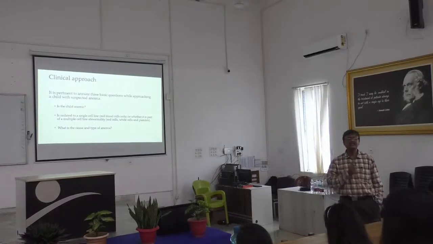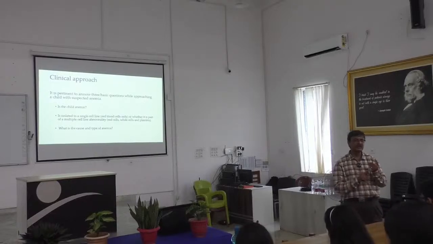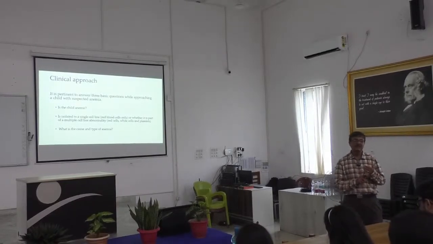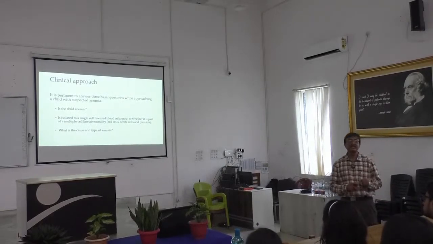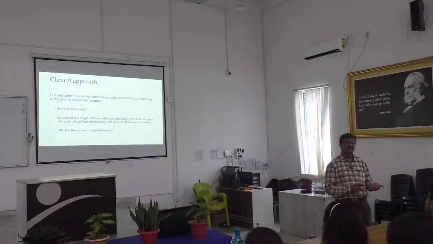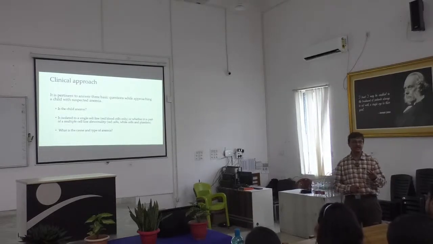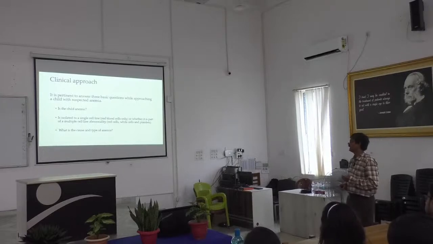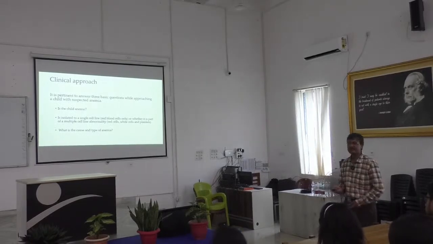Many other things are produced along with RBC there, so it may be associated with WBC anomalies and platelet anomalies also. If two of the three cell lines are affected, it is called pancytopenia. So it may be a case of pancytopenia also. Is a single cell line affected, or are all the cell lines affected? That you have to think of. And the cause and type of anemia will aid you in the diagnosis and management.